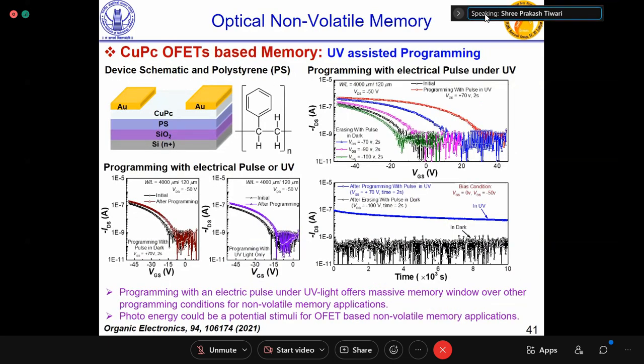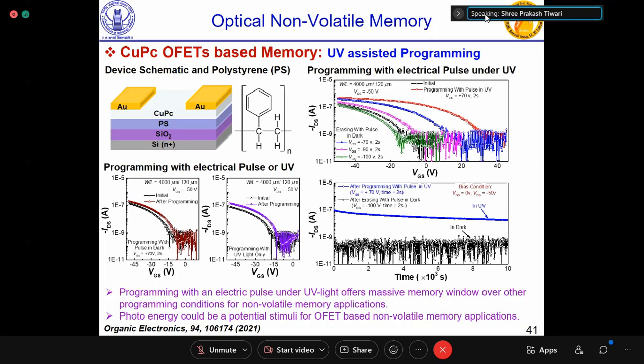The last part which I want to discuss for rigid OFETs is that there were demonstrations of memory behavior from these transistors. What we showed is that whatever memory operation happens can be programmed with UV. Generally there is a way to program with an electrical pulse. When you talk about these kinds of memories, you program with an electric pulse.